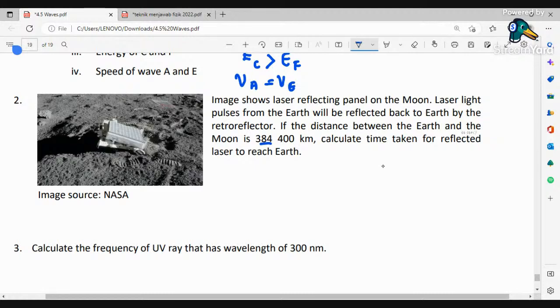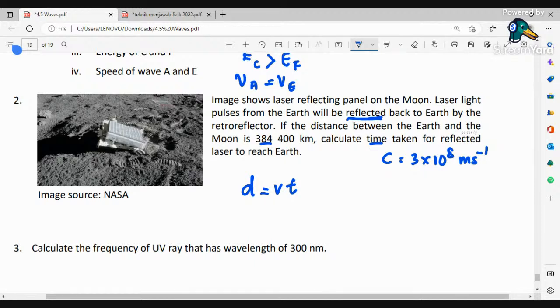So this one is about reflection. The speed is 3 times 10 power 8.